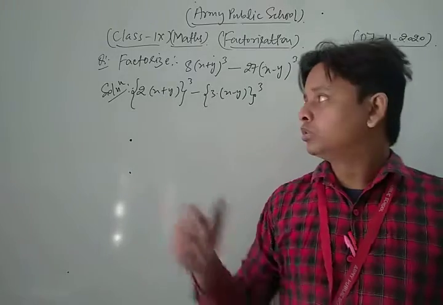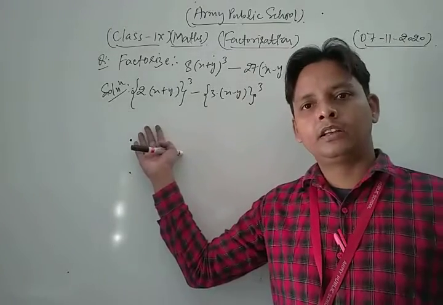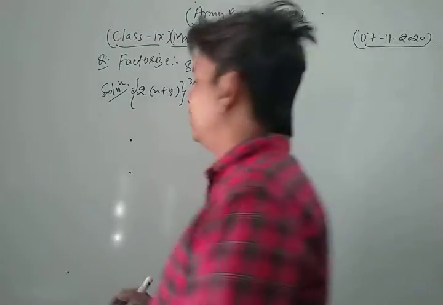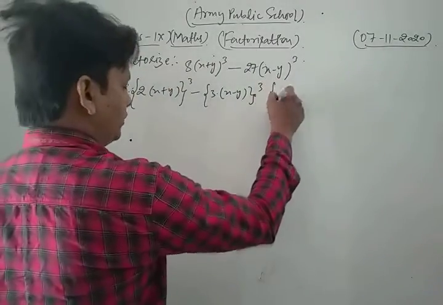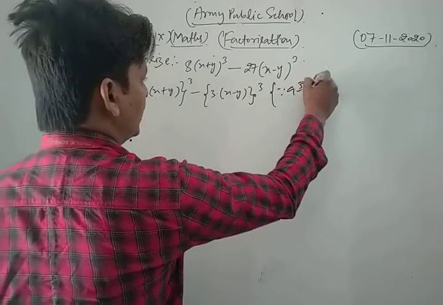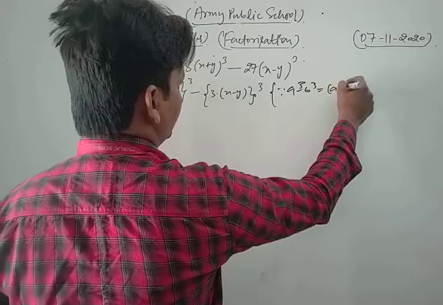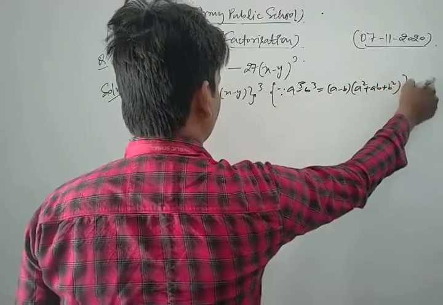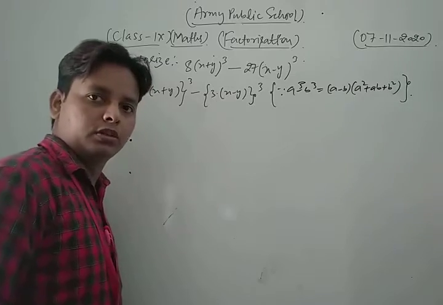Okay. Now we expand the given question based on that same identity. We know that a cube minus b cube is a minus b in one bracket and a square plus ab plus b square in another. Okay, dear students.